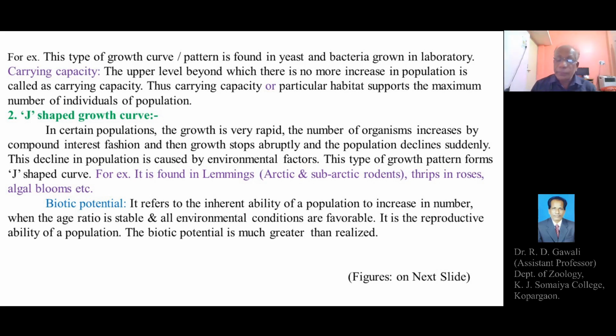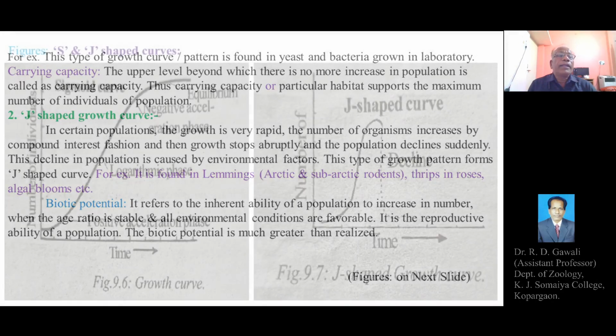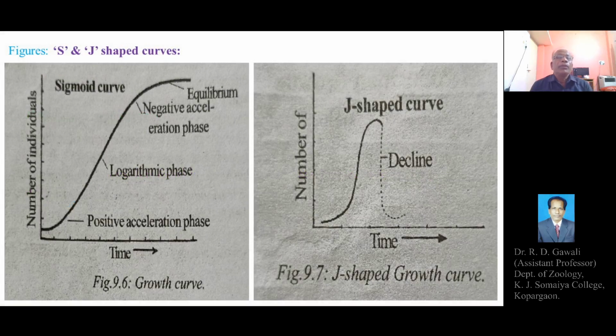Then we'll explain these two growth curves, that is the sigmoid growth curve and the J-shaped growth curve, diagrammatically. So this is the figure representing S and J-shaped growth curves.